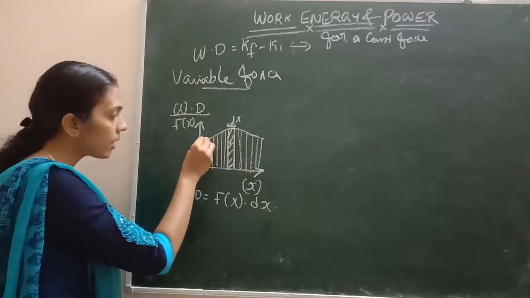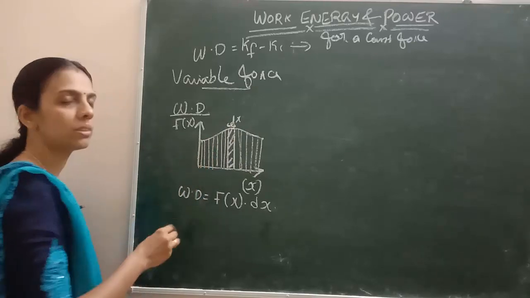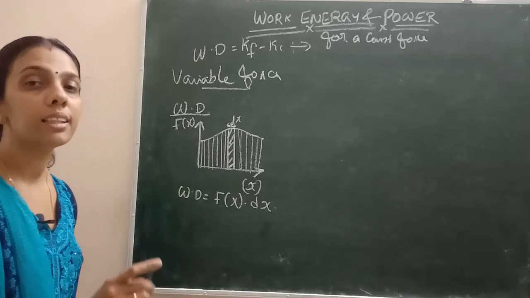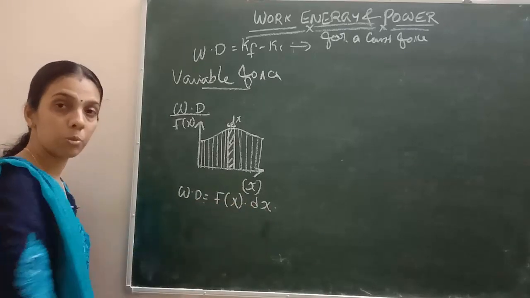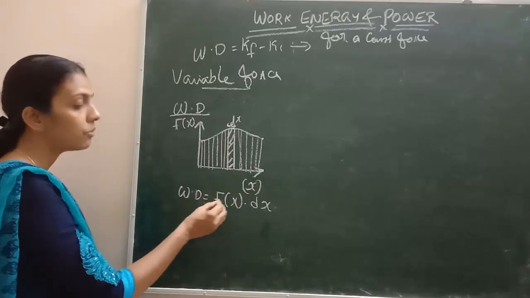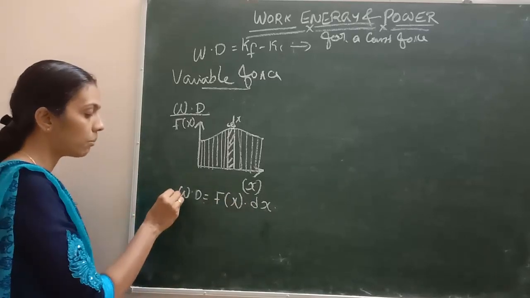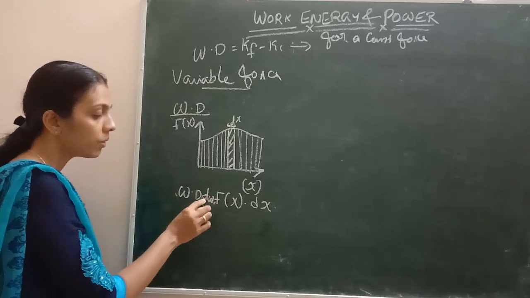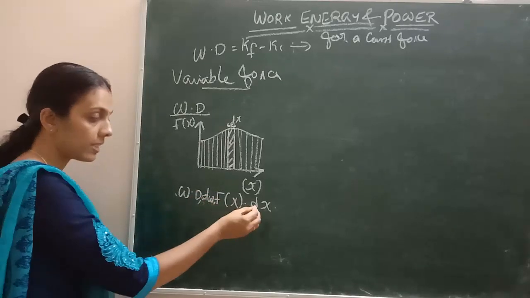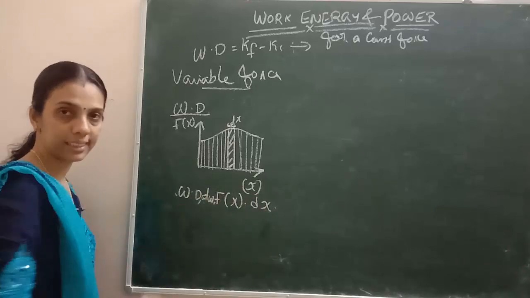But if I consider a very small distance dx, the force is not changing that much. So I can consider it as almost constant. So the work done for a small displacement, I am writing it as dW. Work done for a small distance dx is F(x) dx.